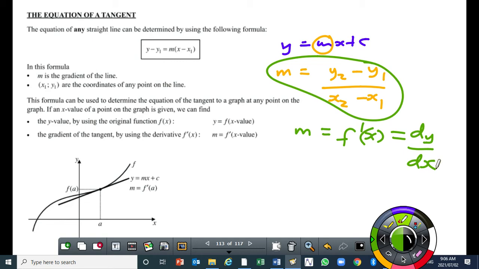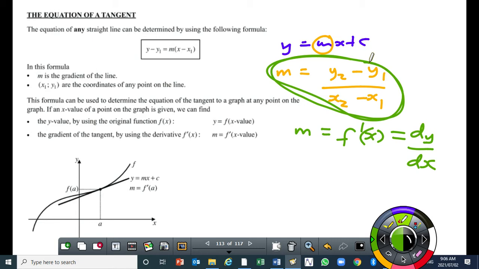So in calculus, you won't calculate the gradient using the earlier method. That's for analytical geometry. In calculus, you use the fact that the gradient is f prime of x, which is also equivalent to dy over dx. That's the calculus way.